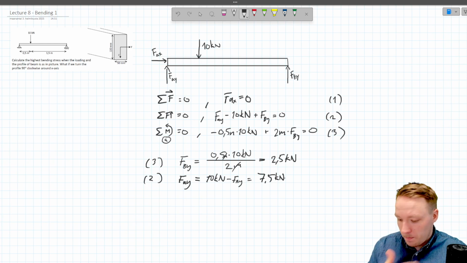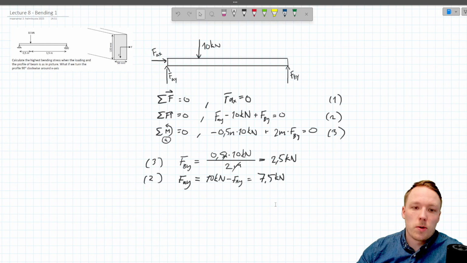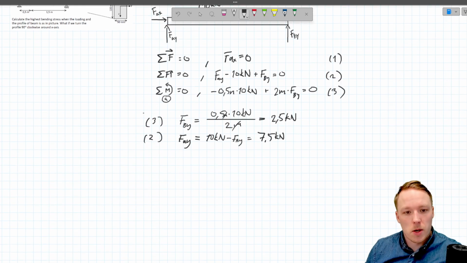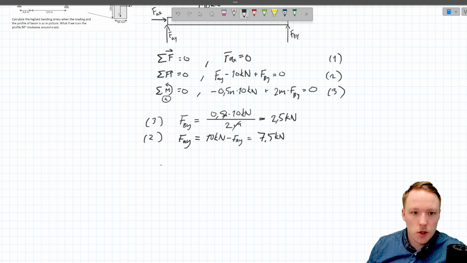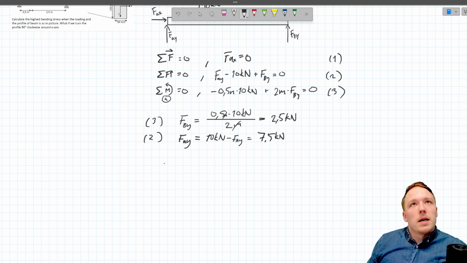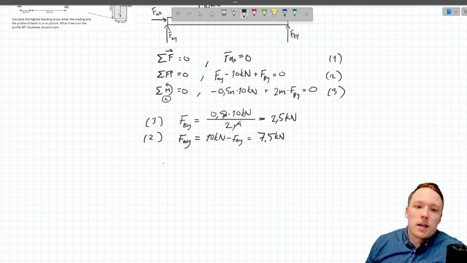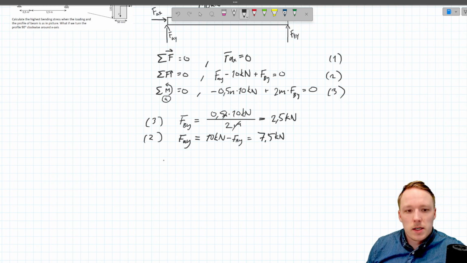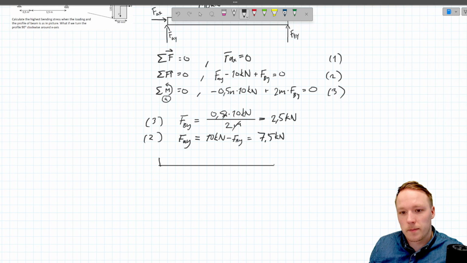Like so. Well, next thing that we have to do in this kind of calculations is that we must draw the internal bending moment diagram. In a simple example like this one, we would not need necessarily the shear force diagram, but in more complicated examples with more complicated external loads, we are going to be needing also the shear force diagram, and therefore I always like to draw it even though it is not necessarily mandatory.